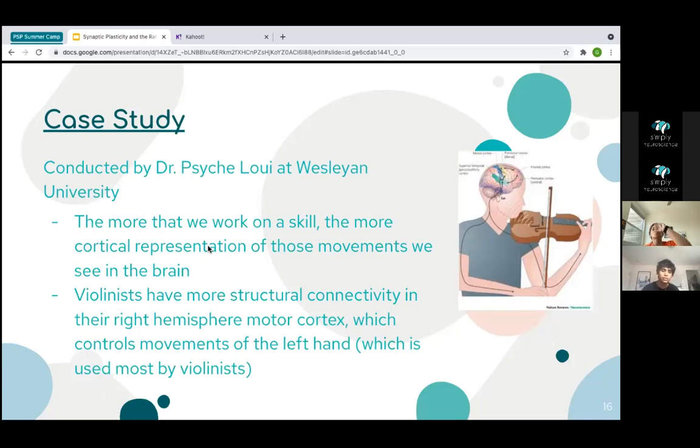She found that the right hemisphere motor cortex, which controls the left hand and is used to precision by violinists, has more structural connectivity in those who play the instrument. Also, the younger the violinist starts playing, the greater the structural connectivity. This increased structural connectivity is caused by synaptic plasticity and mechanisms like long-term potentiation, which allow for better communication between neurons.